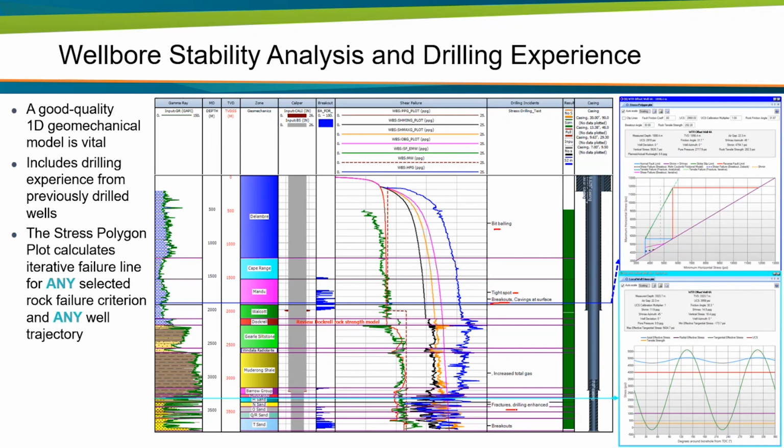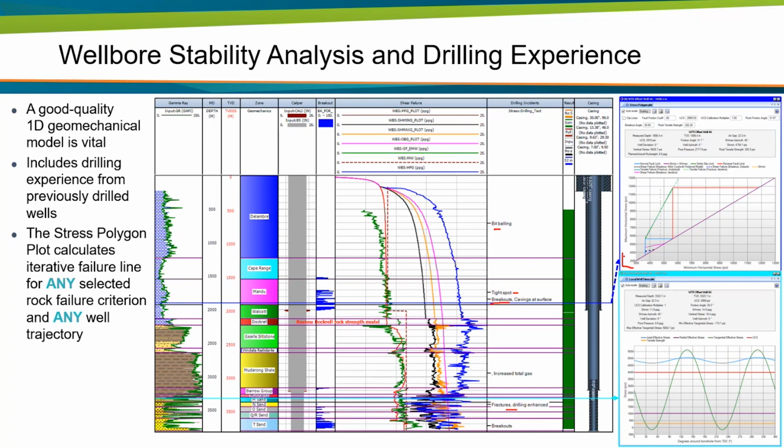So what you can now do is analyze, for instance, a spot with the breakouts a bit better. You right click in here and you can, for instance, generate a stress polygon plot and see if you can maybe fine tune a bit more on the maximum horizontal stress.